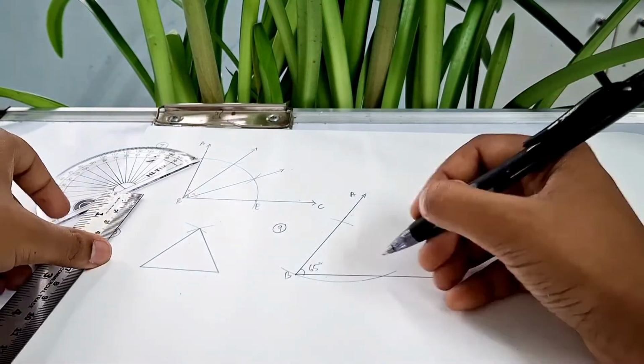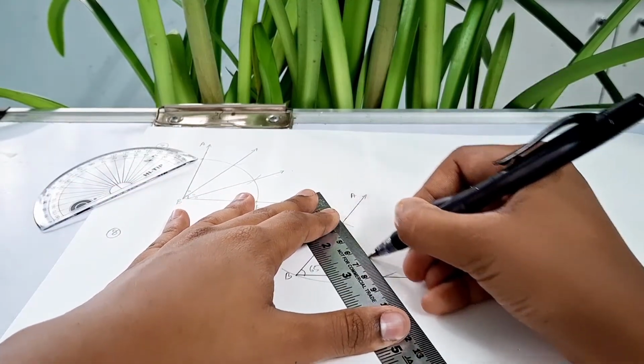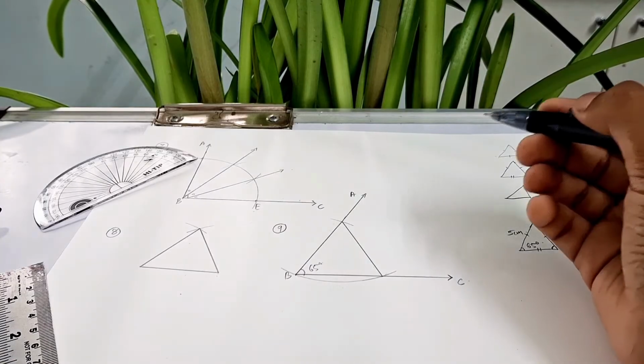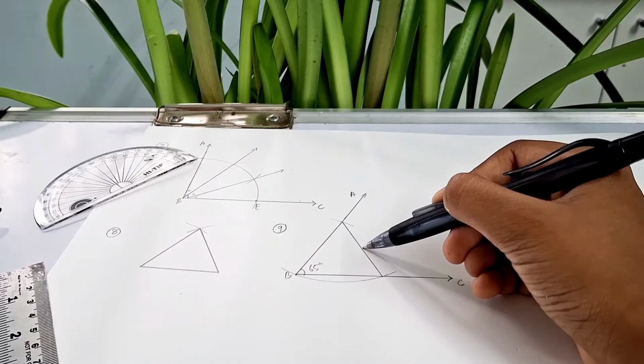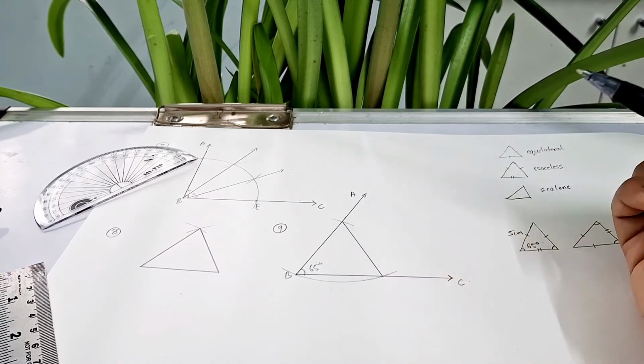Now we need to join this point and this point to complete our triangle. This is how the construction is done. So now if we measure, these two sides would be 5 centimeter and these two angles would be 65 degrees.